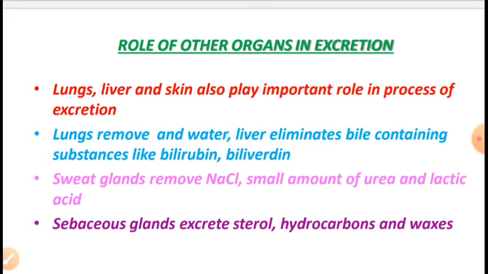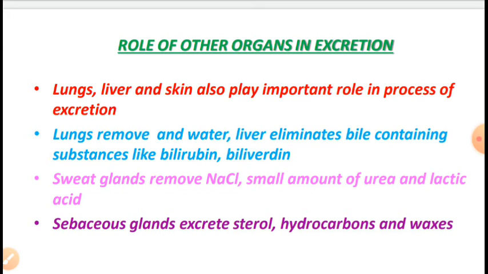Which are these organs other than the kidney? Lungs, liver and skin also help in the elimination of some excretory waste from the human body. So now let's discuss the role of other organs in excretion.